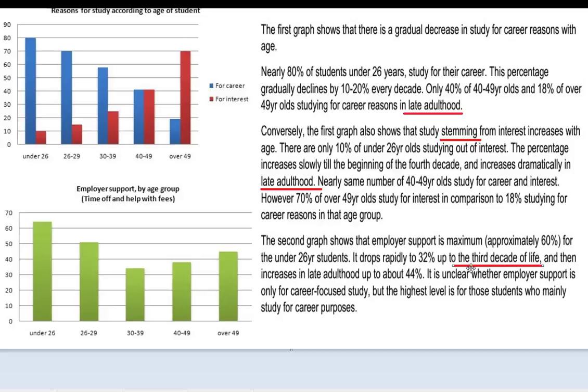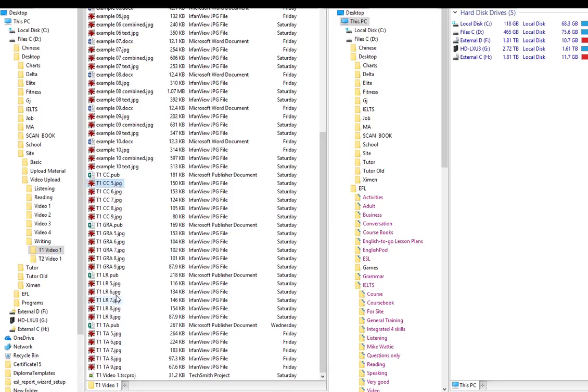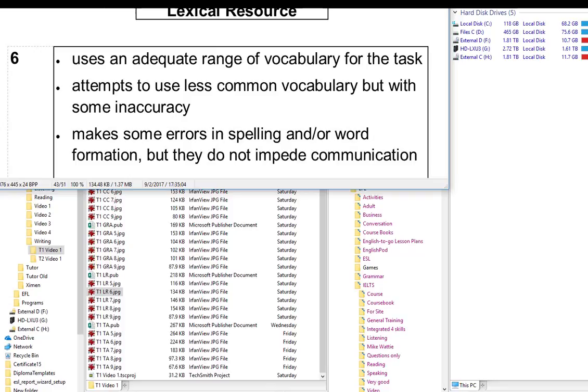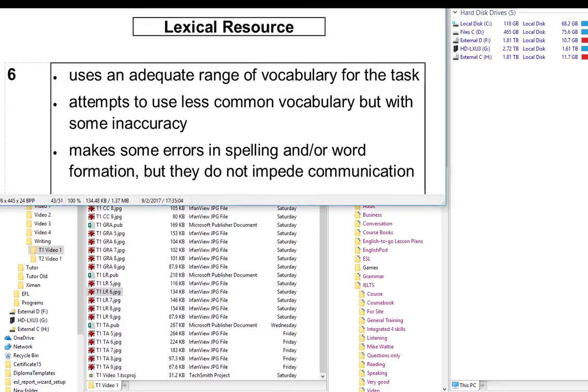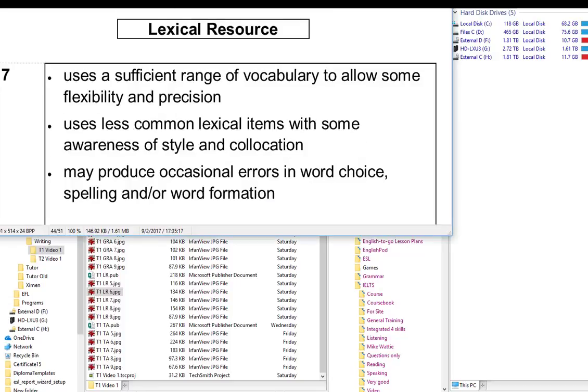Instead of saying that, I would say "in their 30s." Okay, so for vocabulary, possibly a 6. Let's have a look at 7.